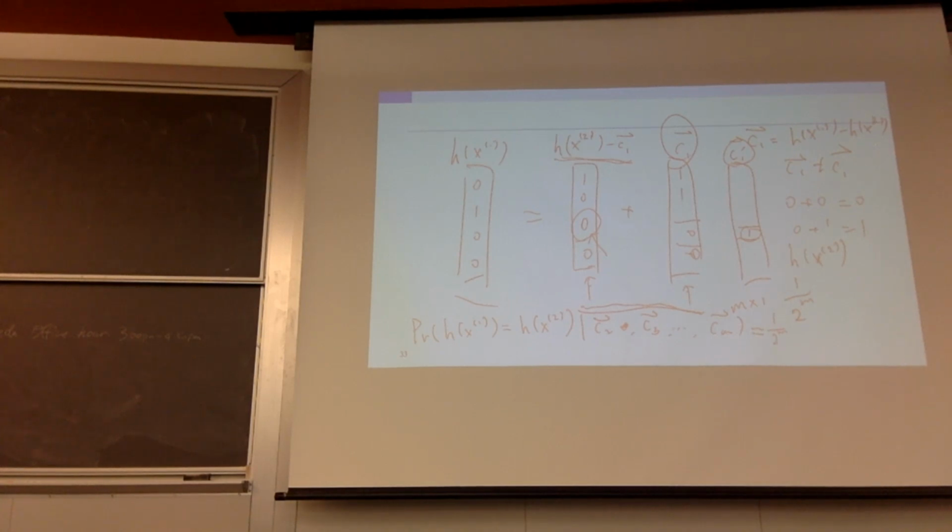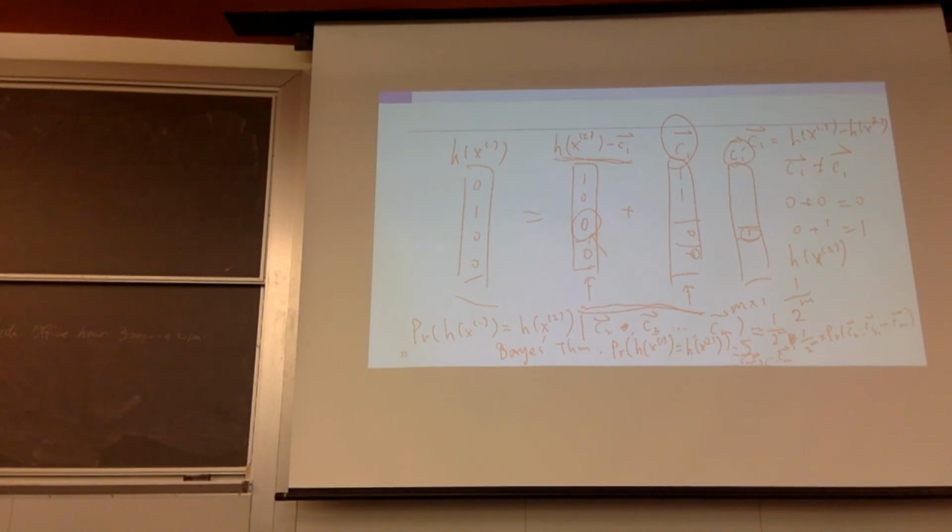And then by Bayes theorem, the probability of h of x1 equal to h of x2 is going to be the summation over every possible choice of C2, C3, and Cn, of 1 over 2 to the power of n times the probability that you choose that C2, C3, and Cn.